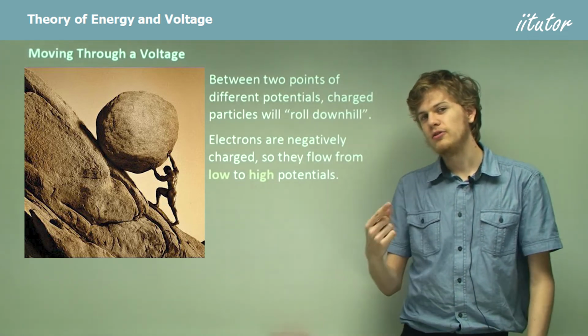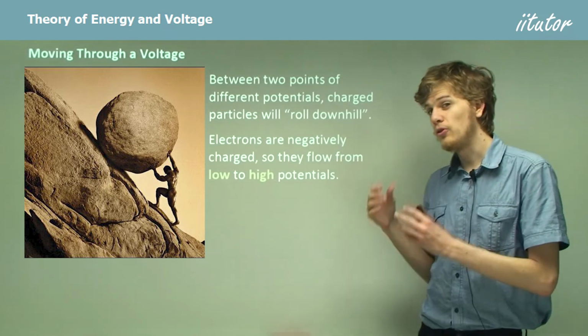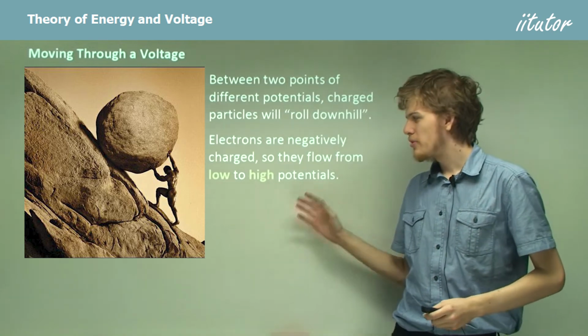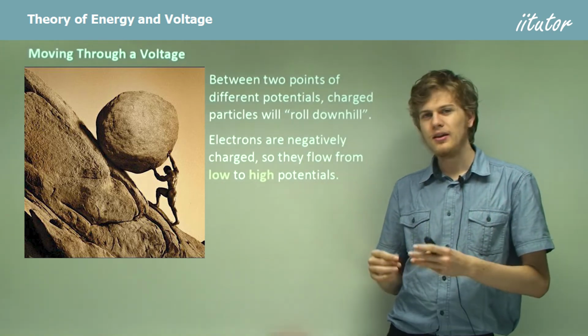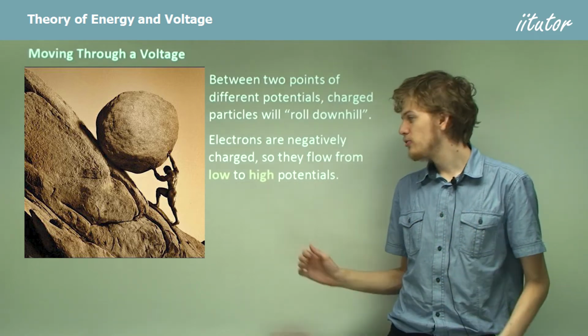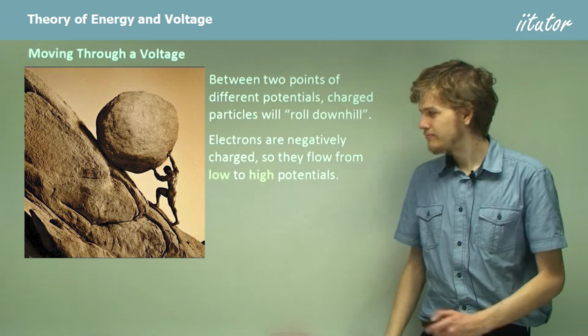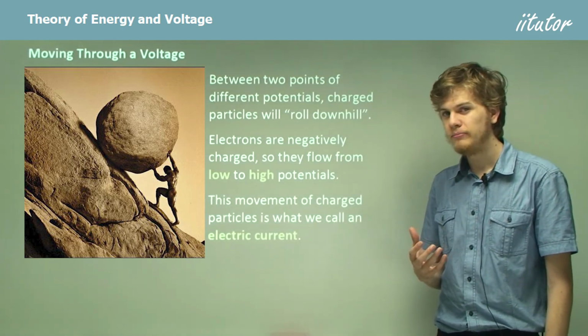So they try to fall up, as it were. So they fall from the low potential to the high potential. Remember that electric field strength always points from positive to negative, and negatively charged particles, like electrons, will go against that. So the movement of charged particles is what we call electric current.